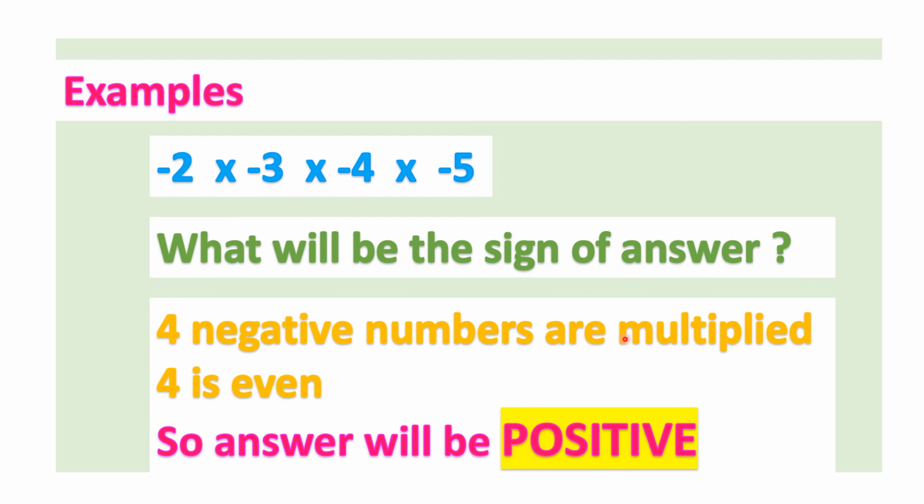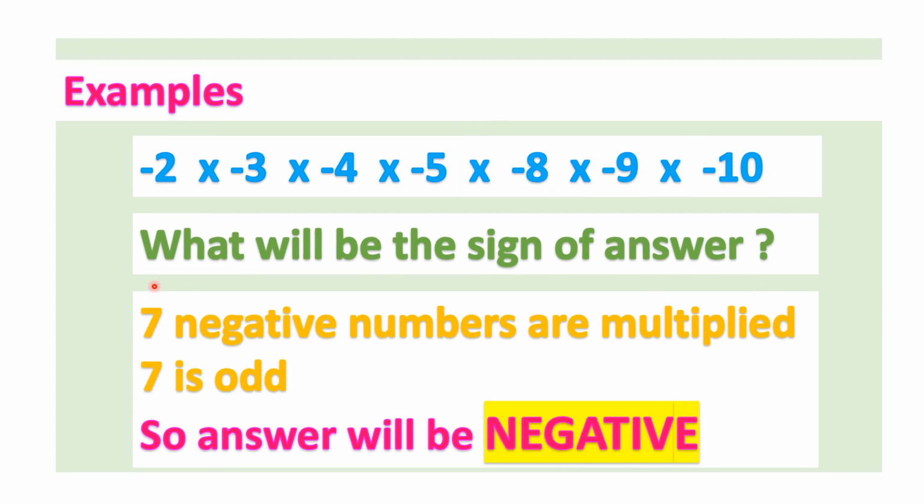Let's look at the next example. In this example, all are negative integers again. How many negative integers? 1, 2, 3, 4, 5, 6, 7. So what will be the sign of the answer?